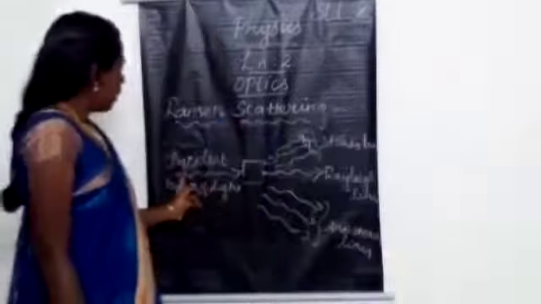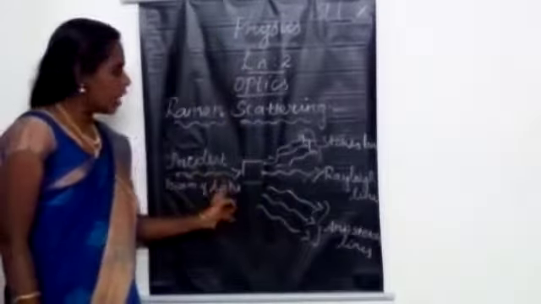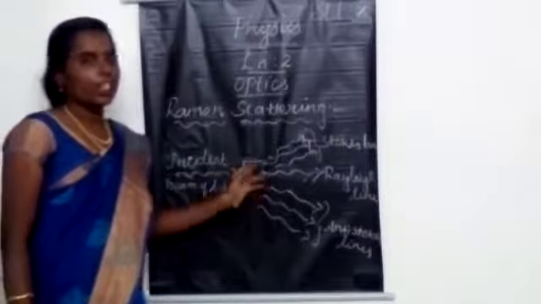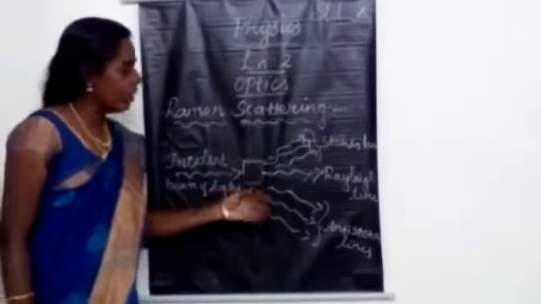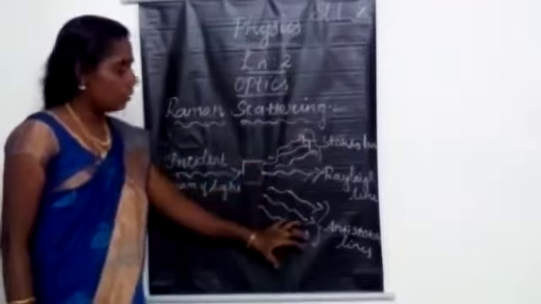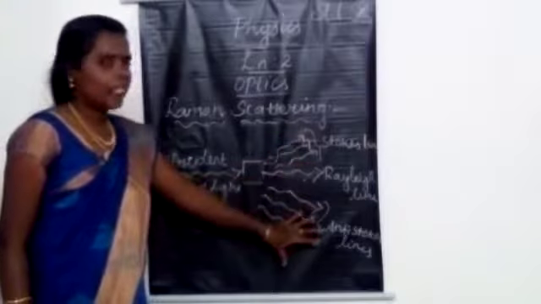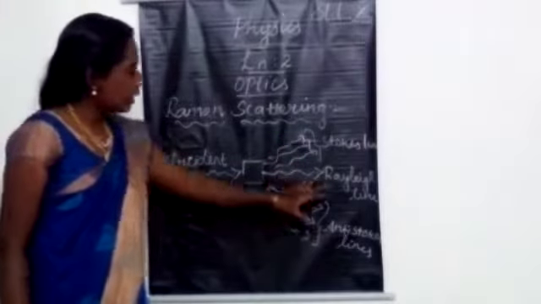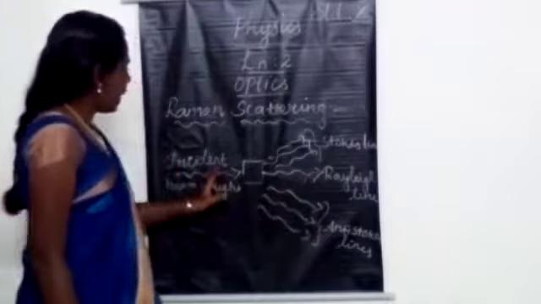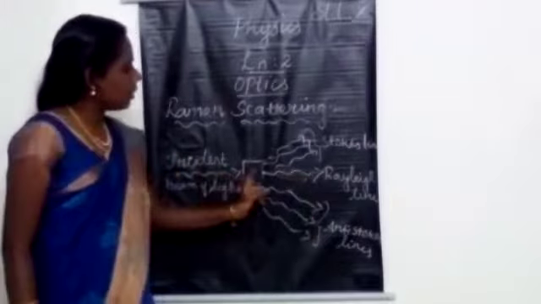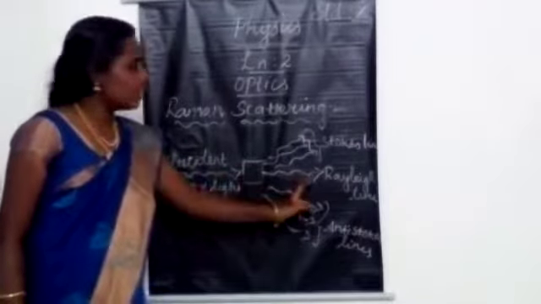Listen here. When the beam of monochromatic light is allowed to pass through a gas or liquid or a transparent solid, we can see the scattered beam of light here. In that scattered beam of light, we can see different lines. What lines are there? Here the incident light's frequency is the same as that of the line, and that is called the Rayleigh line.